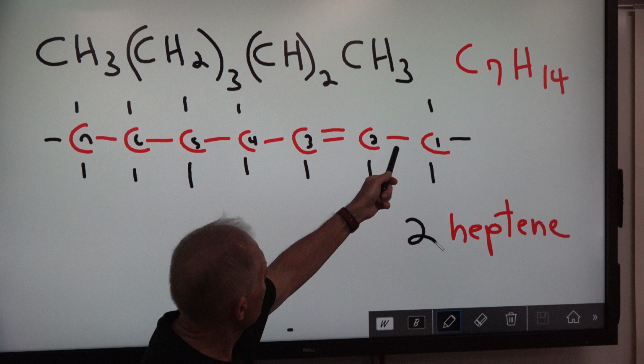So what I'm going to show you is when 2 methyl groups are taken off. If I take 2 methyl groups off, we go down to a hexane trunk.